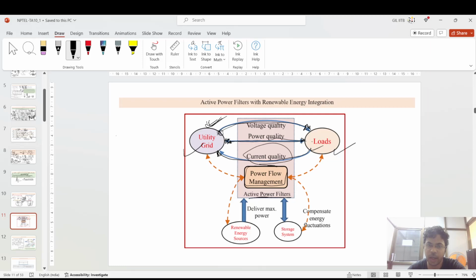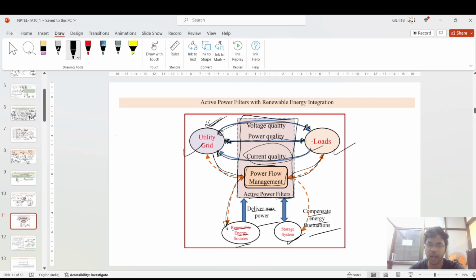Okay, so these are kind of power flow management. If you are having the active power filters, there is power flow management between the load and the source, and the same with the utility grid. It also has a feature of communicating with the renewable energy sources, delivering maximum power and compensating the energy fluctuation of the storage system.